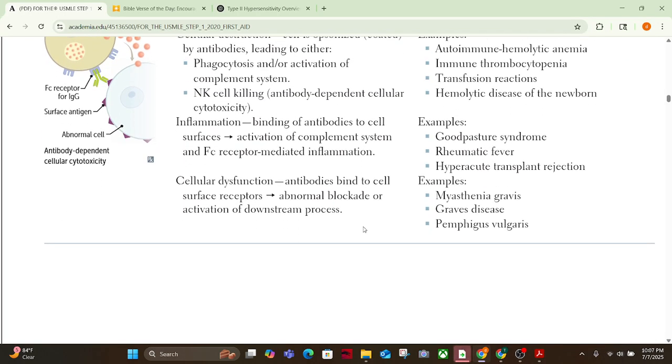The third type of type 2 hypersensitivity would be cellular dysfunction. Antibodies bind to cell surface receptors. This leads to abnormal blockade or activation of downstream processes. This means antibodies bind to cells that they think are foreign, but those cells are actually part of the body.